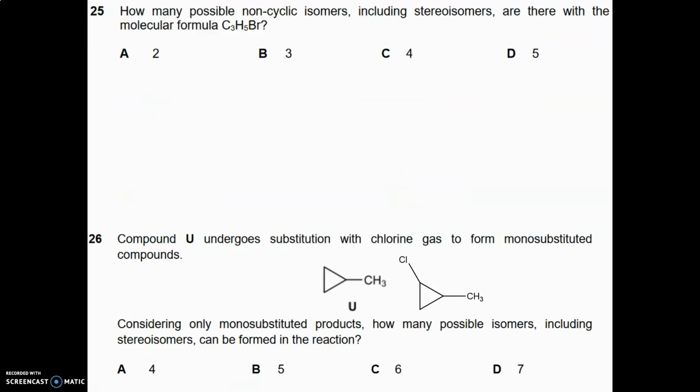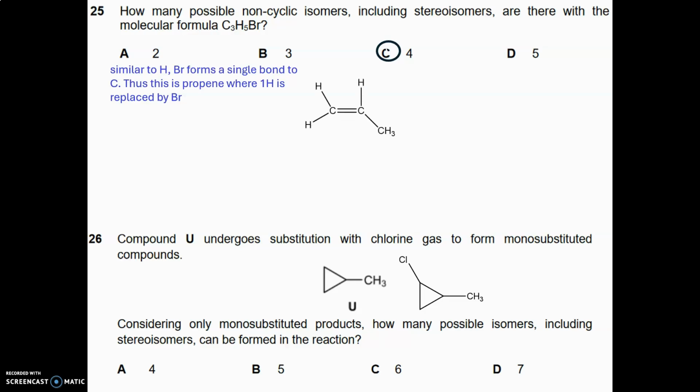Question 25. How many possible non-cyclic isomers are there with molecular formula C3H5Br? Answer is C. So first thing, we know that C3H5Br is derived from propene, which is C3H6. So you can perceive it as propene, where one of the hydrogens is replaced by bromine. So this is the structure of propene. You'll notice that we can replace the hydrogens at 3 different spots to give 3 different mono-bromo compounds.